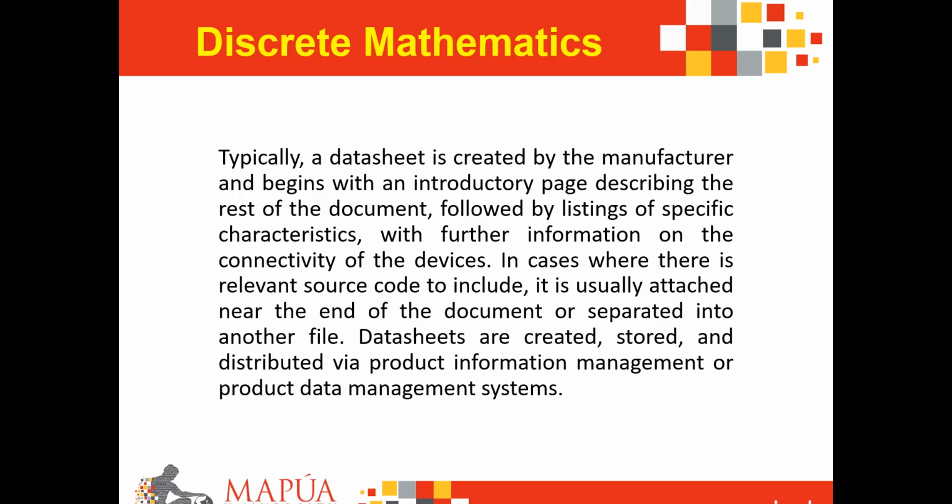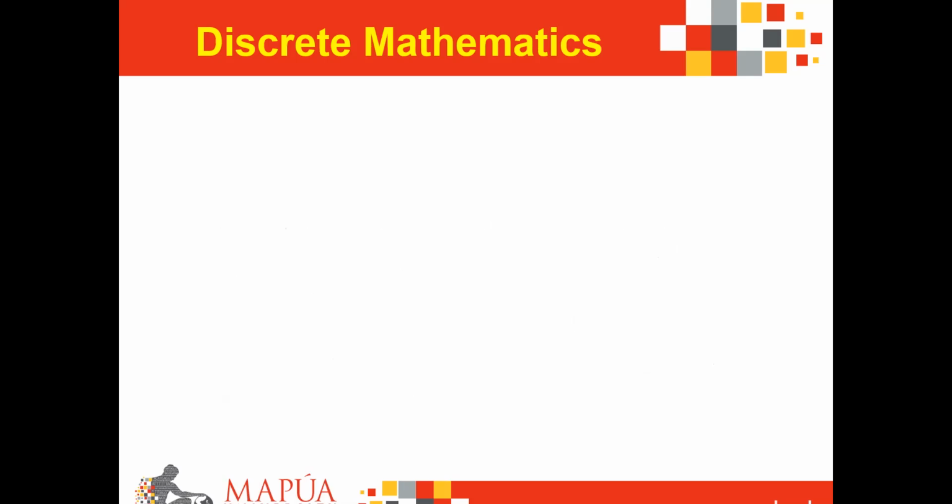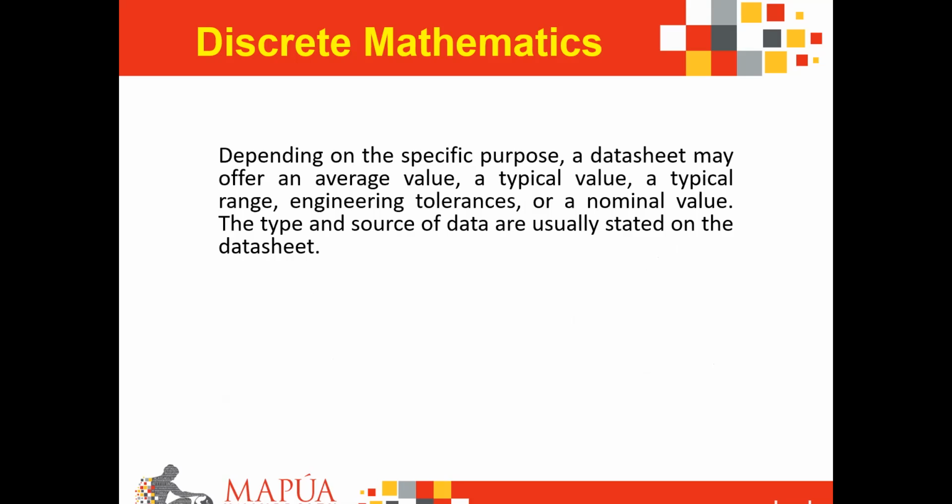In cases where there is relevant source code to include, it is usually attached near the end of the document or separated into another file. Datasheets are created, stored, and distributed via product information management or product data management systems. Depending on the specific purpose, a datasheet may offer an average value or a typical value or a range of values, whereby engineering tolerances or nominal values are often applied.